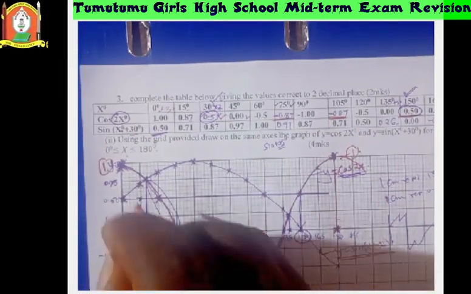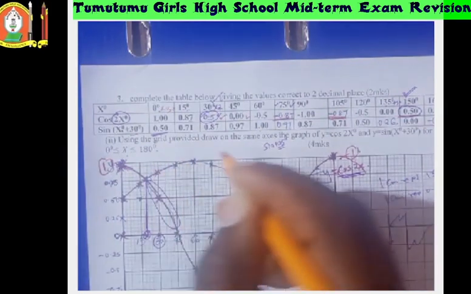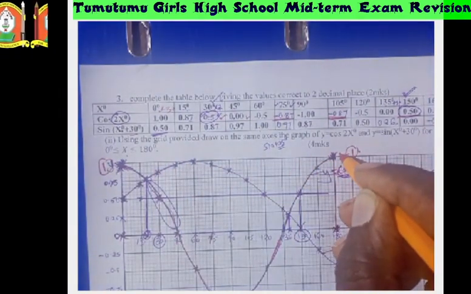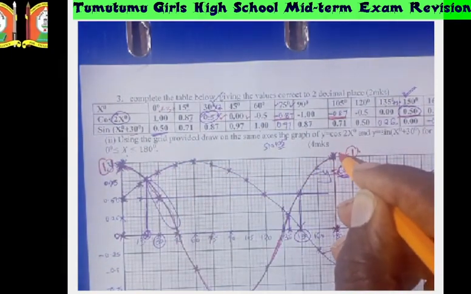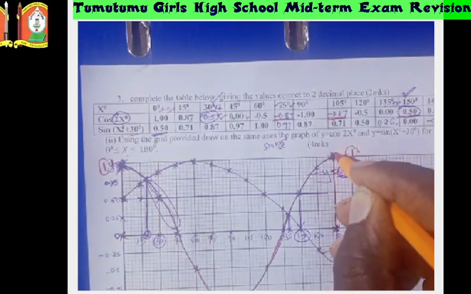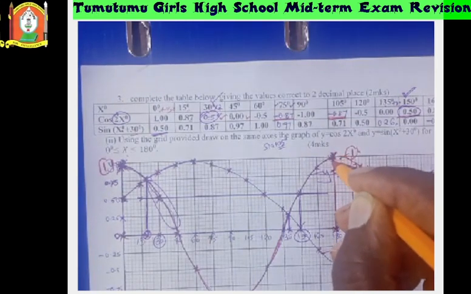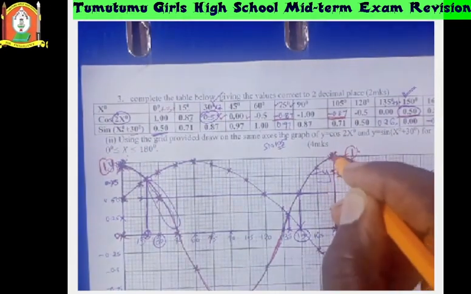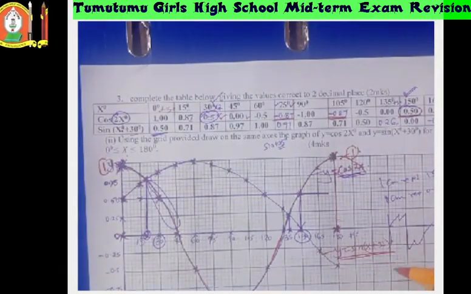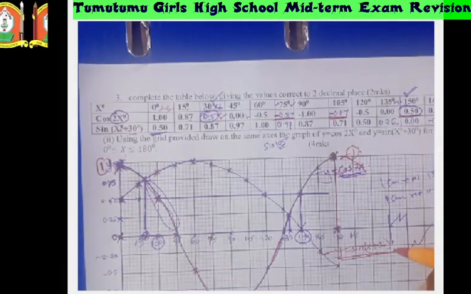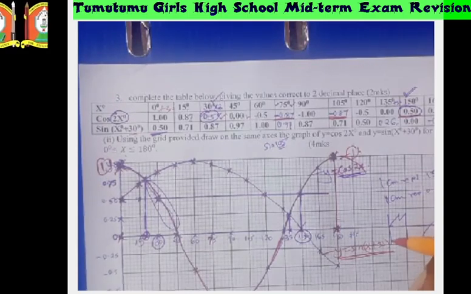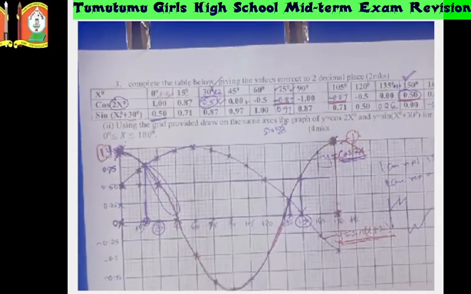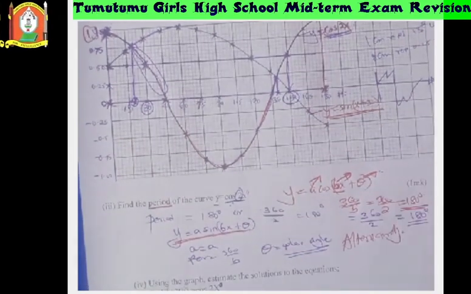So the period is the distance from one maximum displacement of the wave to the next maximum displacement. So it's 180.